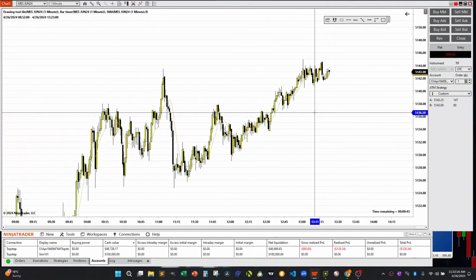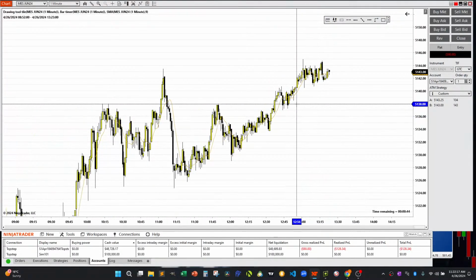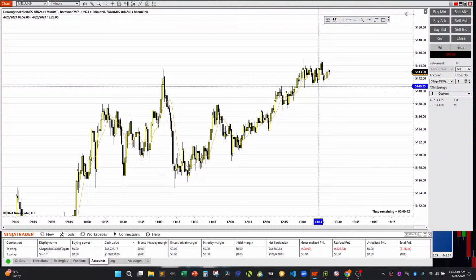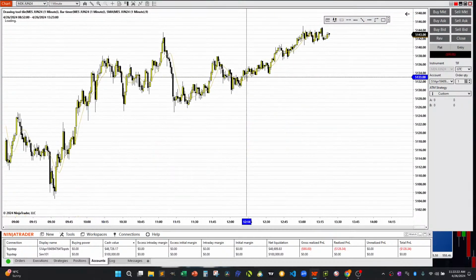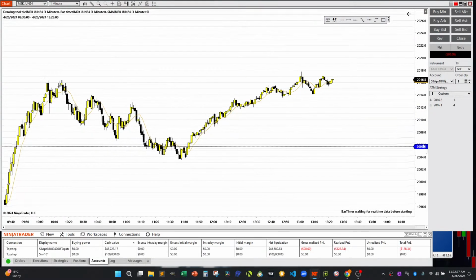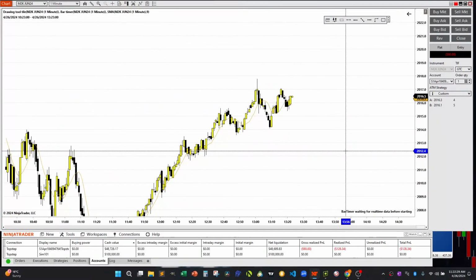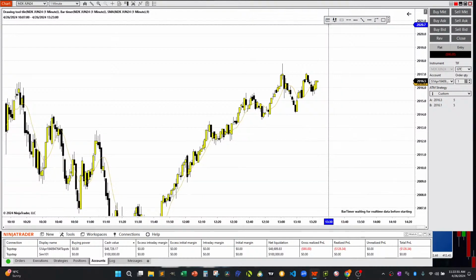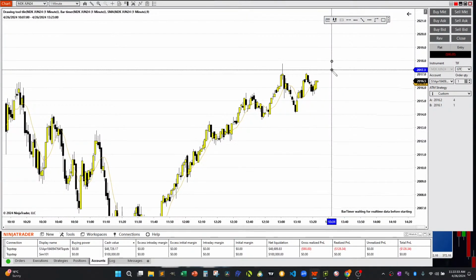There's quite a bit of chop in the S&P quite regularly. When I started futures, I was doing it on the Russell. Similar setup.